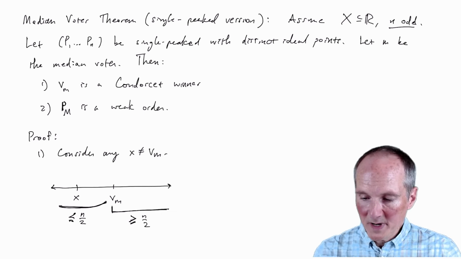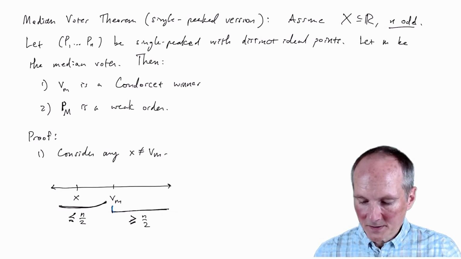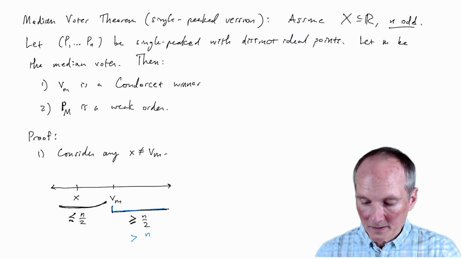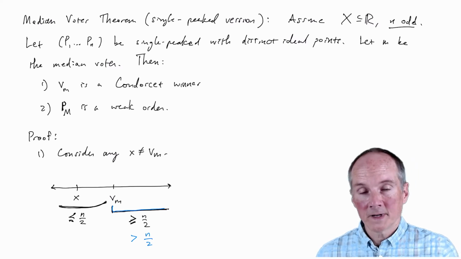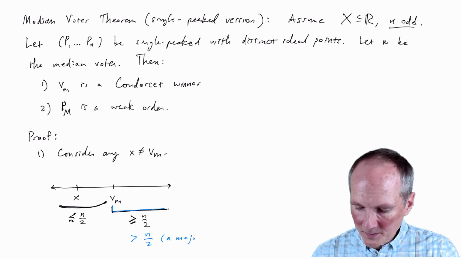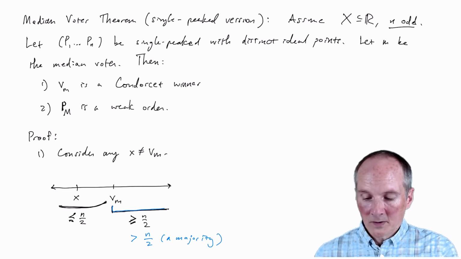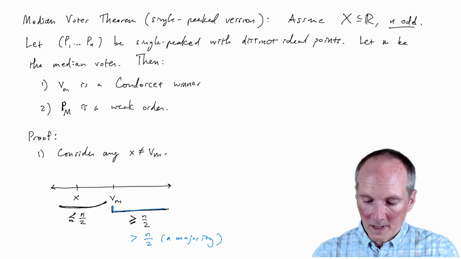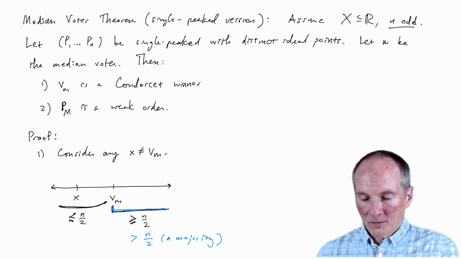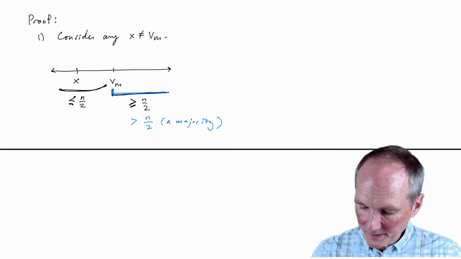There cannot be exactly n over 2 people in this group, right? So what that means is that this inequality has to hold strictly. There has to be more than n over 2. There can't be exactly. And that means that that group is a majority, right? So again, if we look at the set of voters who are either the median voter or anyone to the right, that group is a majority. All right, so let me write that up here. Or I'll do it down here.